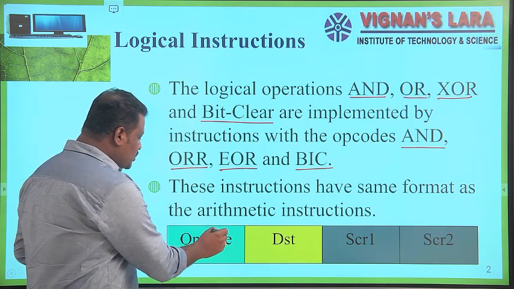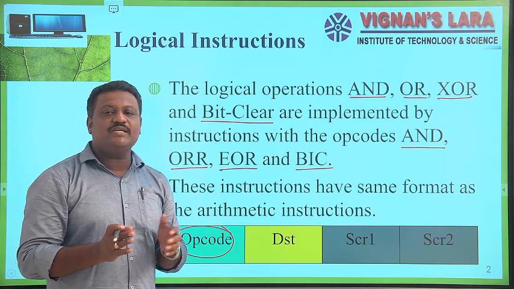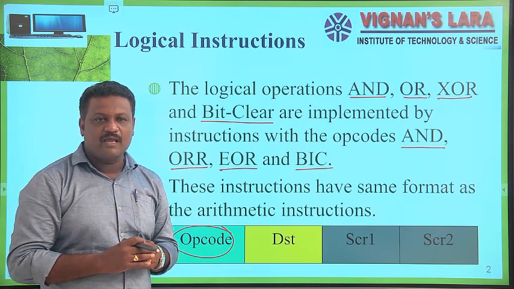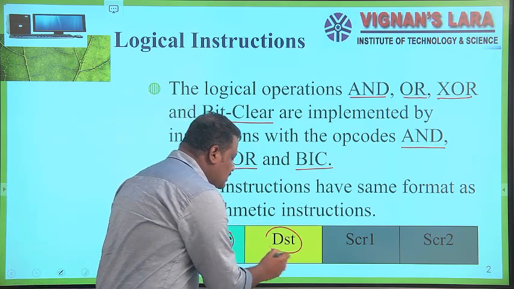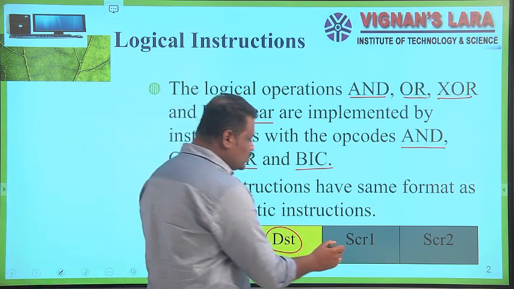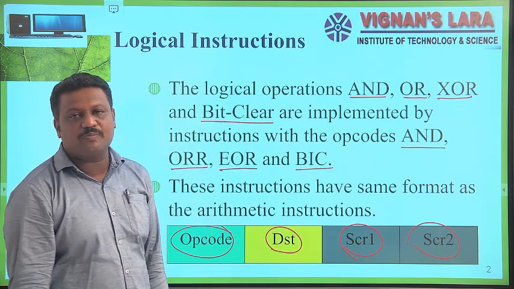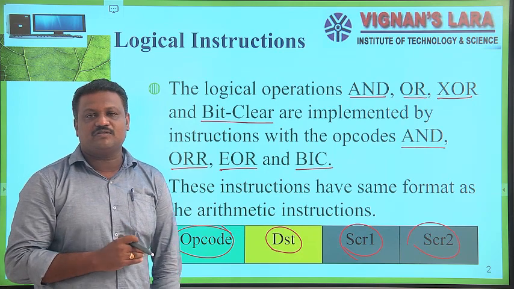The first field always represents the operation code, which indicates which operation we are going to perform by using the instruction. The operand which follows the operation code we consider as the destination operand, and the next two operands we consider as source operands: source operand 1 and then source operand 2. This format is the same as our arithmetic instructions.